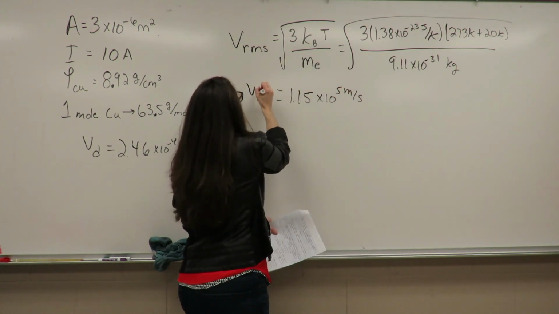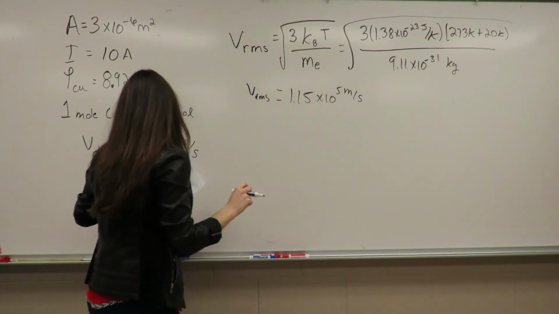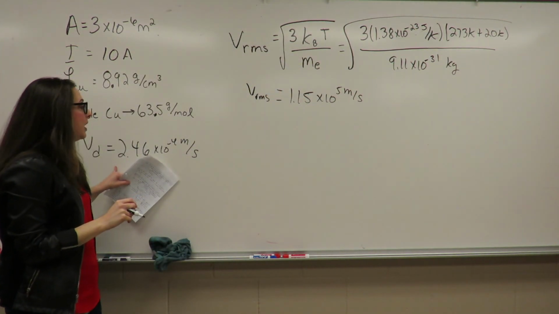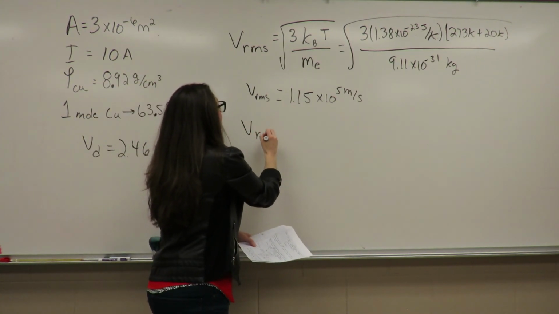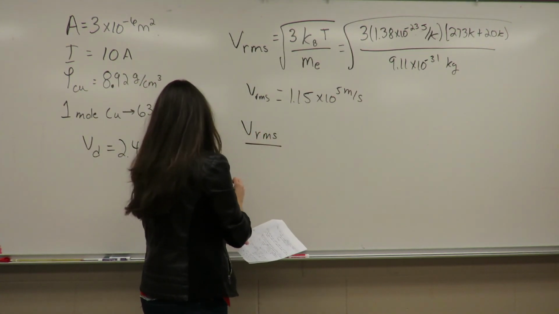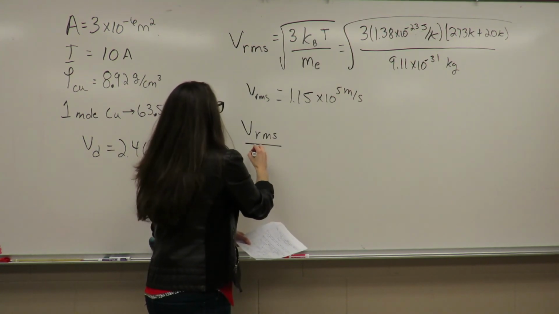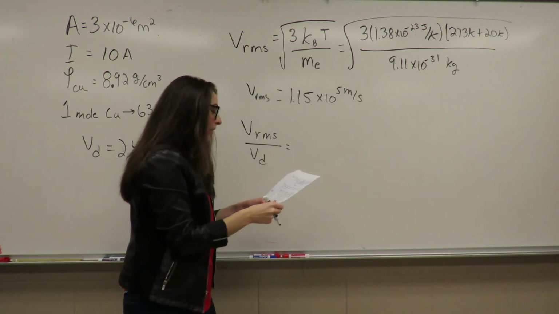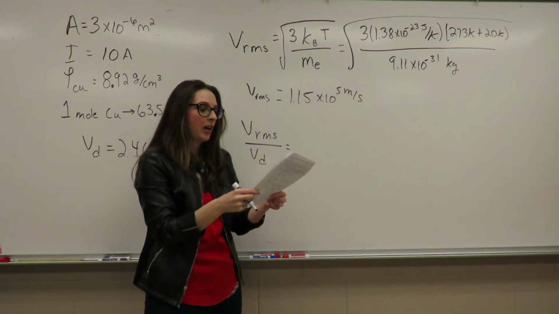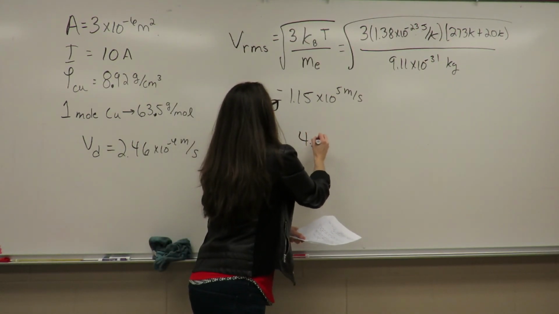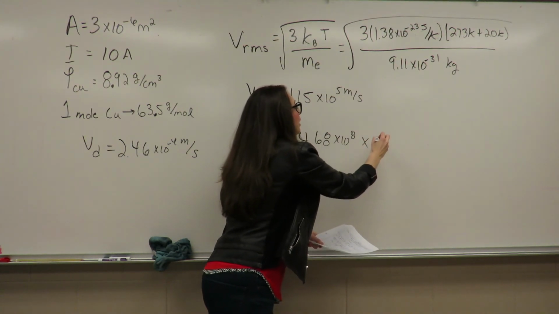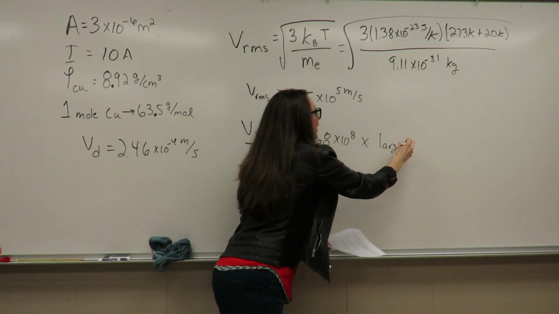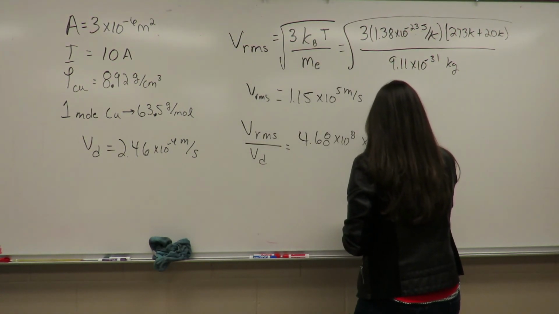So that's much larger than our drift velocity, or drift speed right here. And actually, if I go ahead and compare them, if I divide our RMS velocity over our drift speed, I find that the RMS velocity is 4.68 times 10 to the 8 times larger than our drift speed.